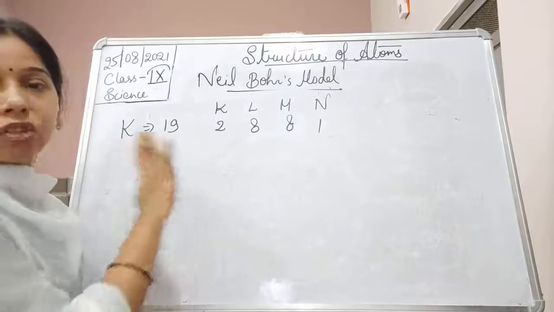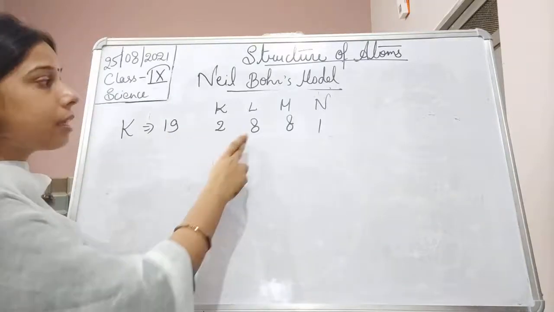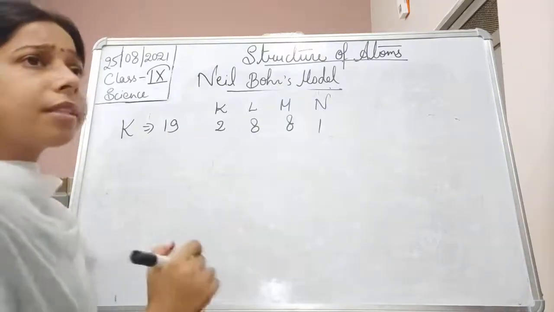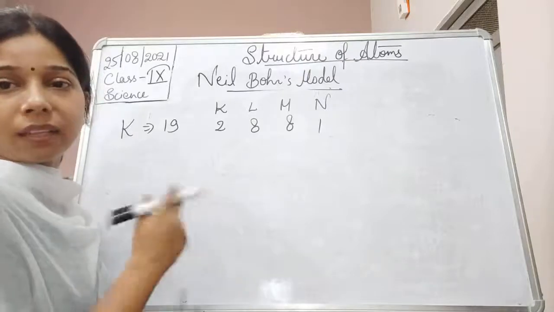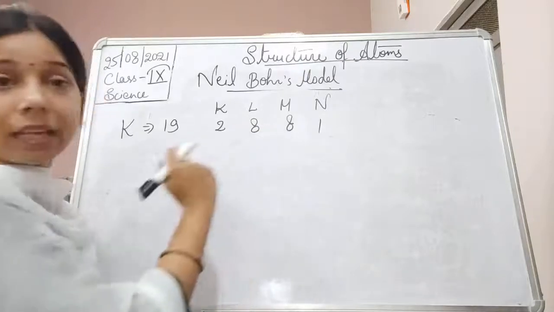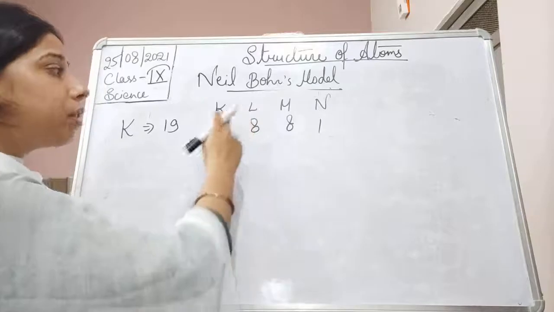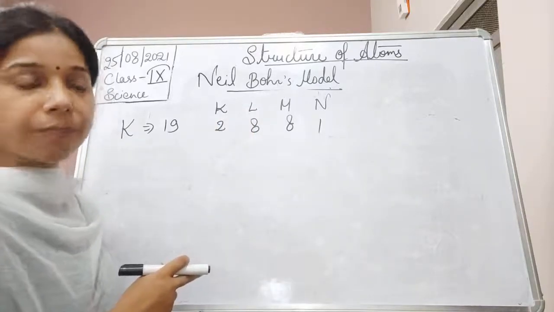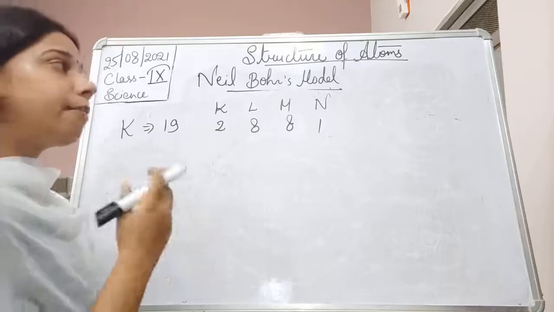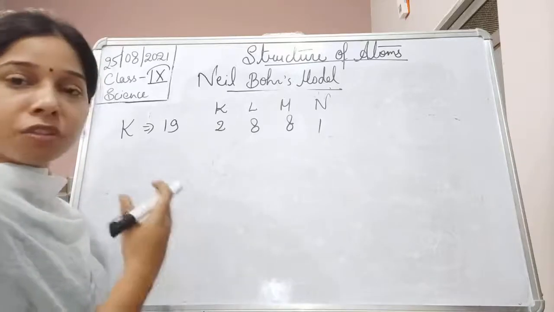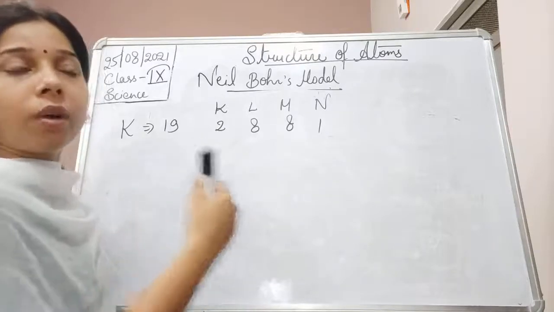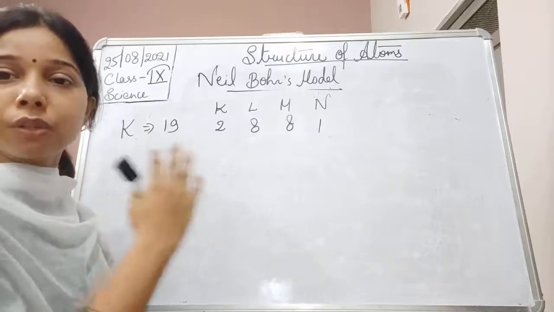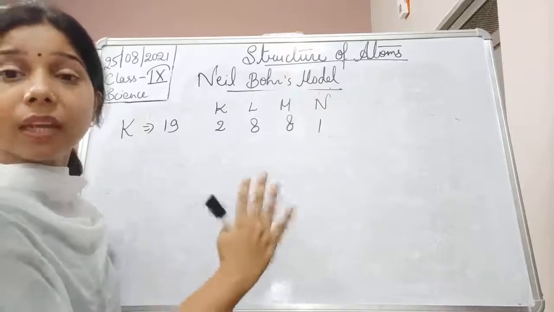When the K shell is filled, then electrons start entering the L shell, which has slightly higher energy than the K shell, but lower than that of the M shell. After completion of 8 electrons, they start entering the M shell. One electron will enter, 2 electrons will enter, 3, 4, 5, 6, 7, 8.